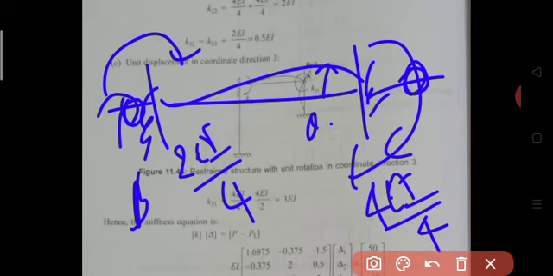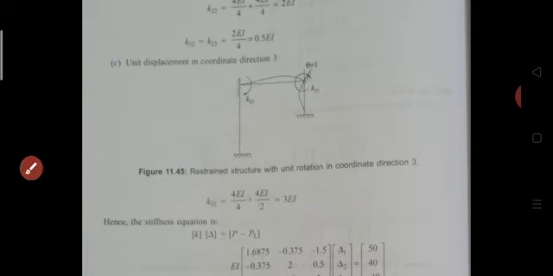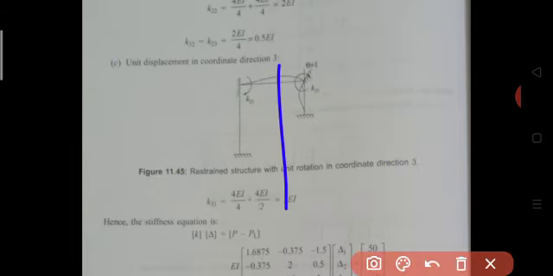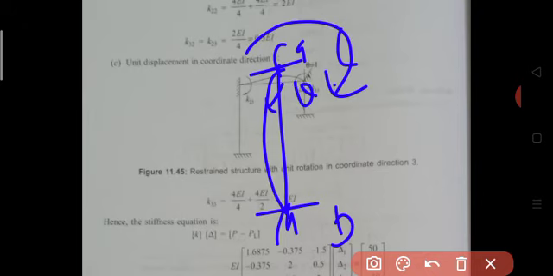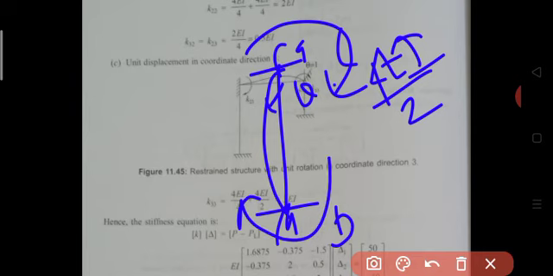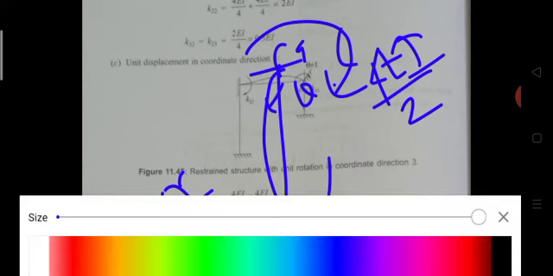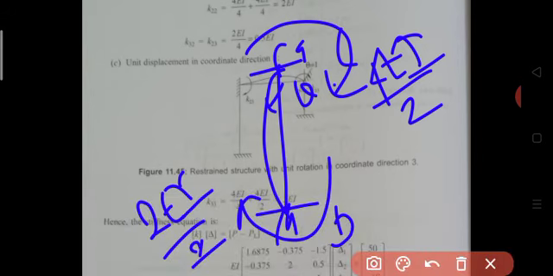Then consider the free body diagram for the CD column. At C we are permitting one unit rotation. Therefore, this end is subjected to a moment 4EI by L, that is 2 meter, and the other end 2EI by L. Due to that end moment, this portion of the column may be subjected to a horizontal reaction.